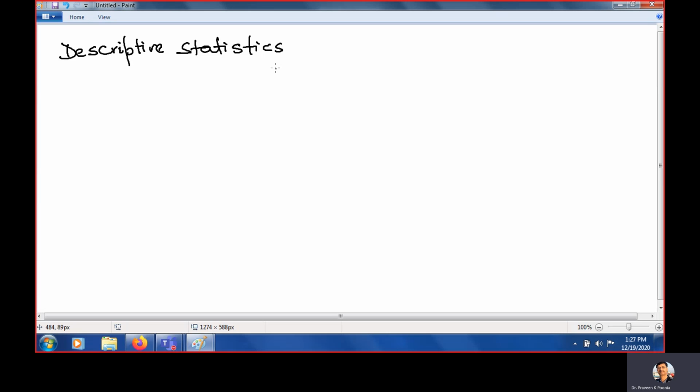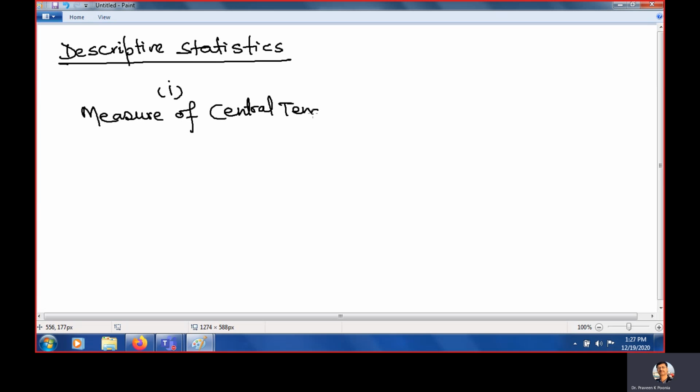We are going to study 2 things in descriptive statistics. Number 1, we will study the measure of central tendency, and number 2 we will study measure of variation.